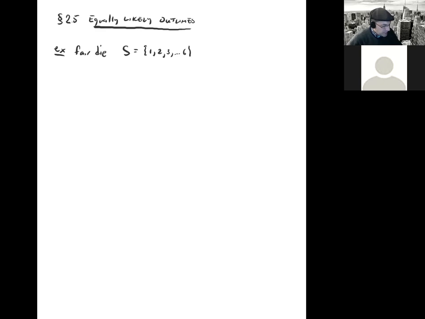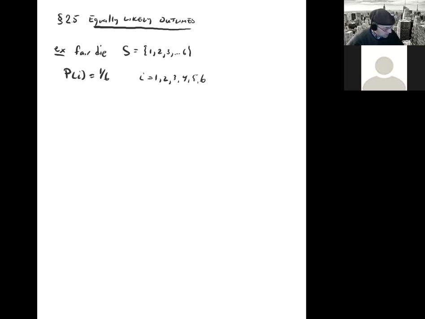The probability of any outcome is the same as the probability of any other outcome. That means, since the sum of all the probabilities of all the outcomes has to add up to 1, P of i is 1/6 for i equals 1, 2, 3, 4, 5, or 6. So that's an equally likely outcome situation.